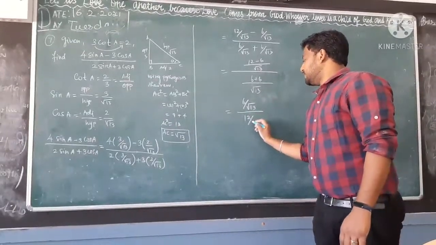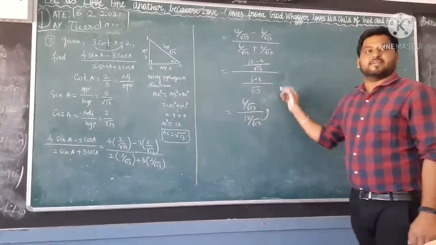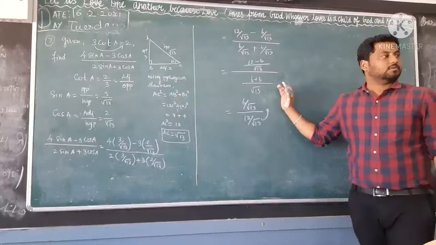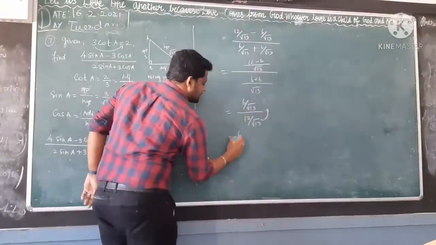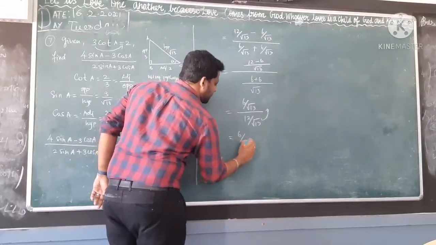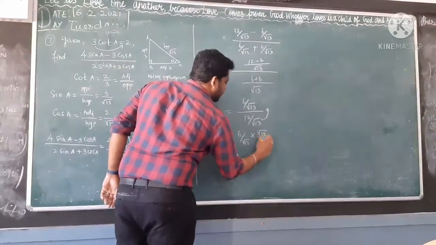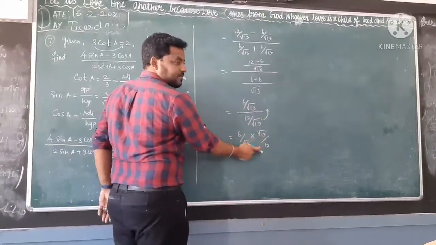12 divided by root 13 will change into a reciprocal. We can write it as 6 divided by root 13 into root 13 divided by 12.